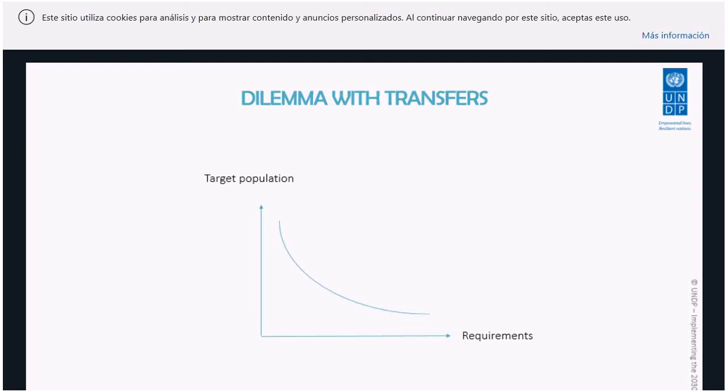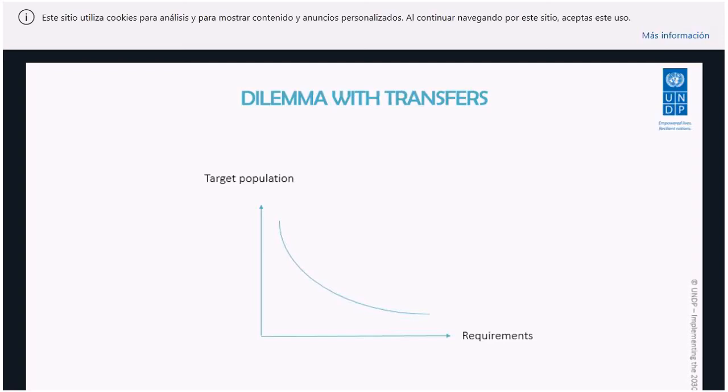So for you to implement and analyze this piece of the puzzle, similarly to what we discussed in the taxation part, you have to know how the system works. What are the programs? Who is the target population? What are the rules and what are the requirements? This is what makes this part of the puzzle very complex.